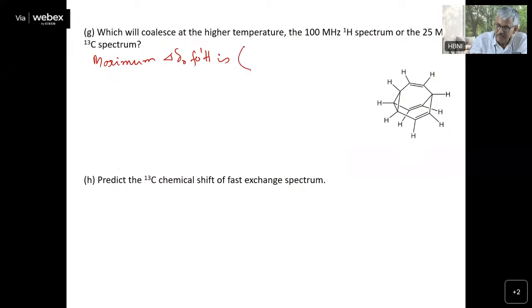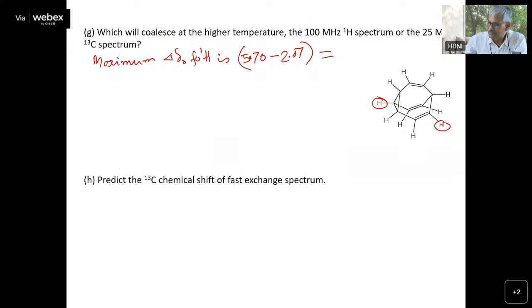We have seen 5.70 minus 2.07. So 2.07 are these protons and 5.70 are these protons. These protons are most downfield and these protons are most upfield.